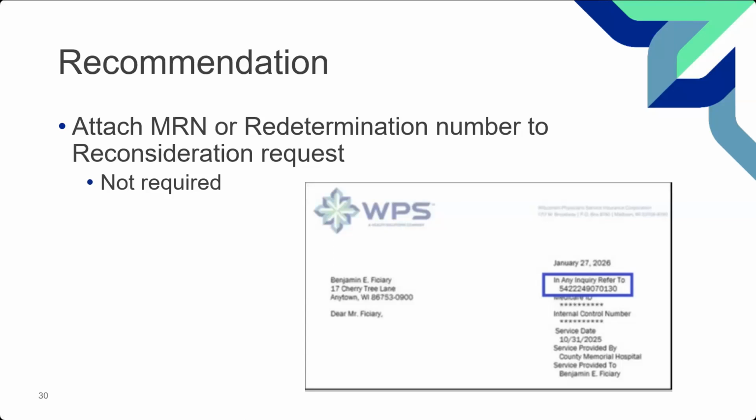In the portal user manual, the redetermination number is referred to as the CCN, Correspondence Control Number. So this is the tracking number that's used to identify the appeal request in the claims processing system.